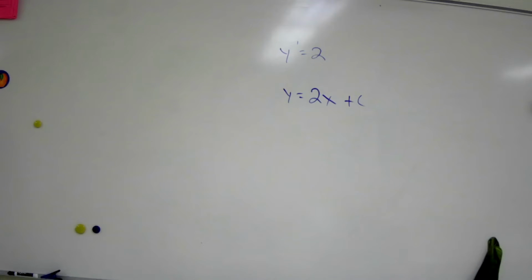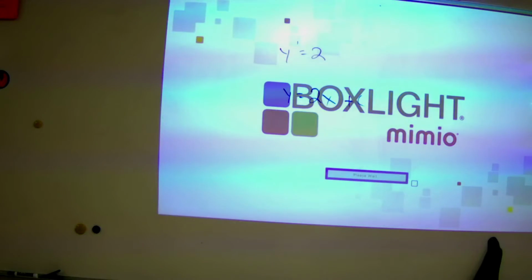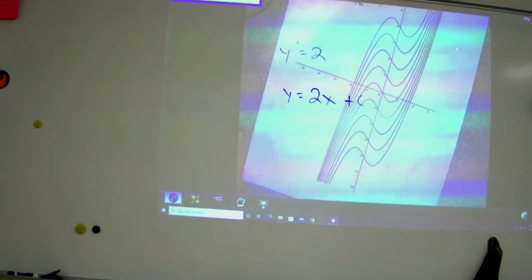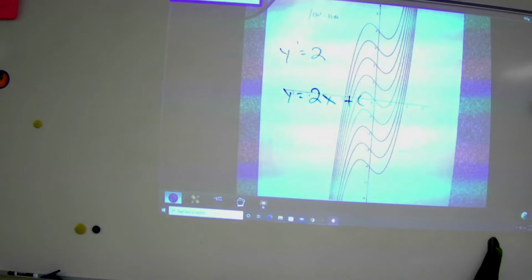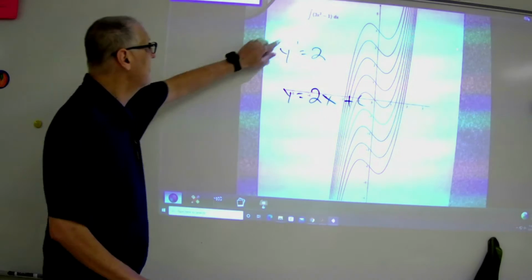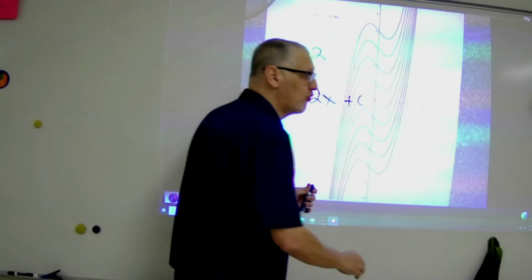Let's see if this may show up. Y'all see that graph there? Right here, it says the integral of 3x squared minus 1 dx. So that's the graph.